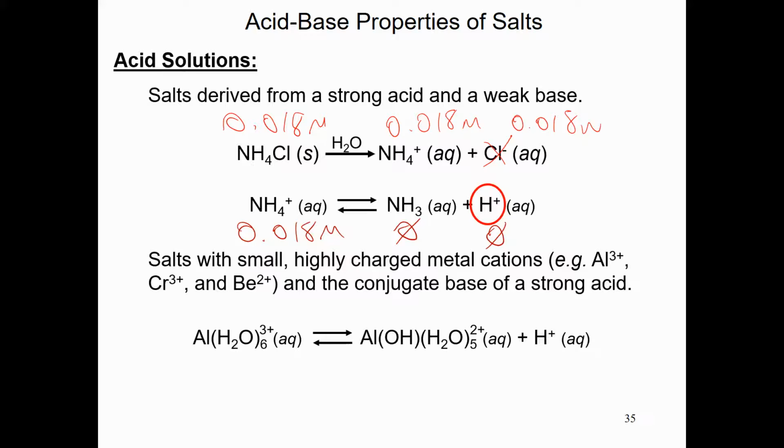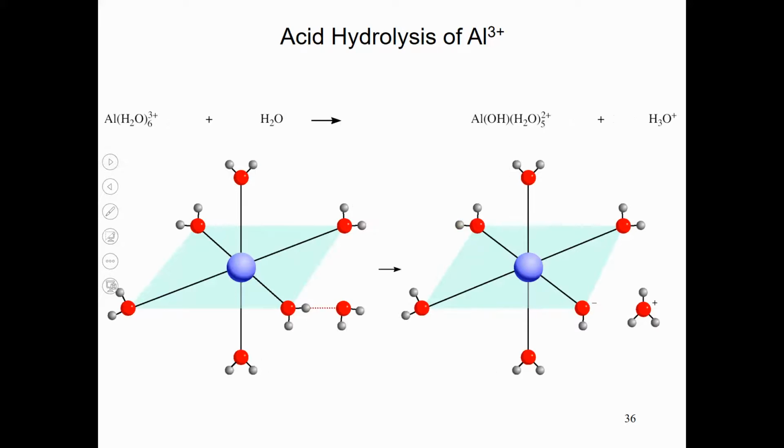And in the end, one of the waters is going to lose a hydrogen, create that H3O+ in solution. Okay, H3O+. Okay, and that's what it's going to essentially look like.